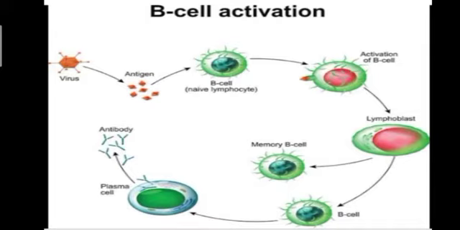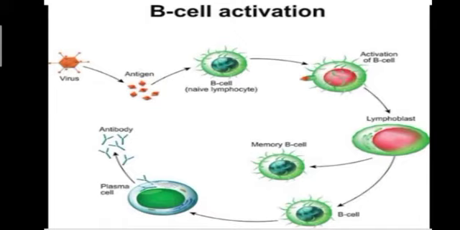You can see here a virus, which is an antigen, a foreign particle, joins with a B cell, a naive lymphocyte, and this B cell gets activated.